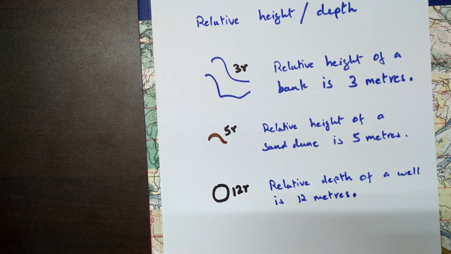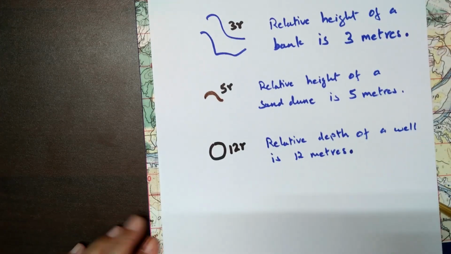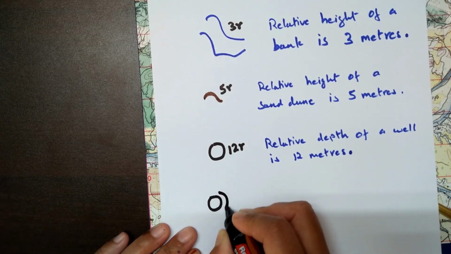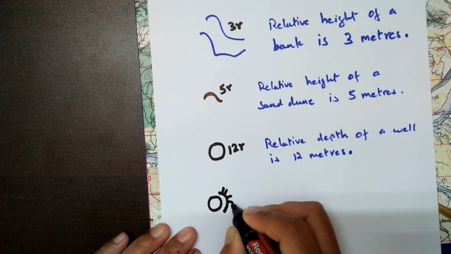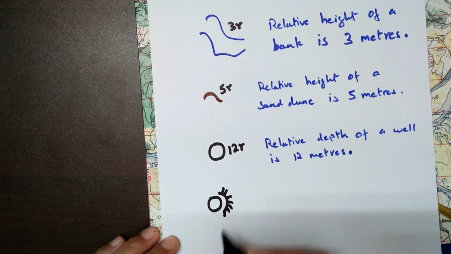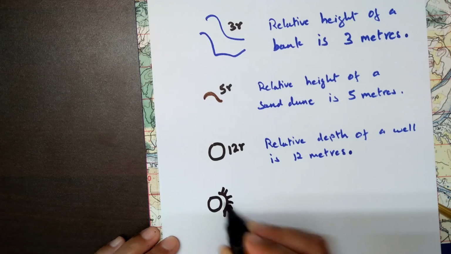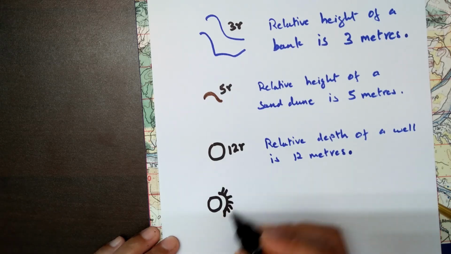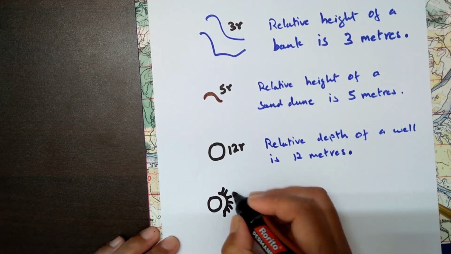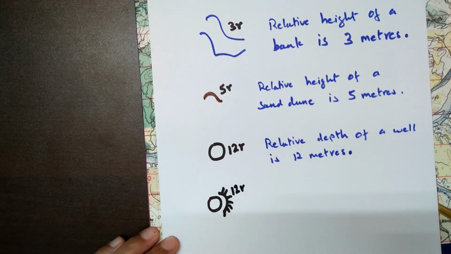But sometimes along with the well, if you see some extra feature like this, as you might have noticed in your topographical map, this means it is a tank or a well with an embankment. There is a bund. So if you see this and suppose 12R is written, then remember it is not the depth, it is the height.